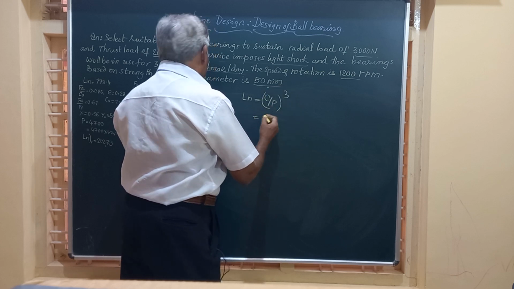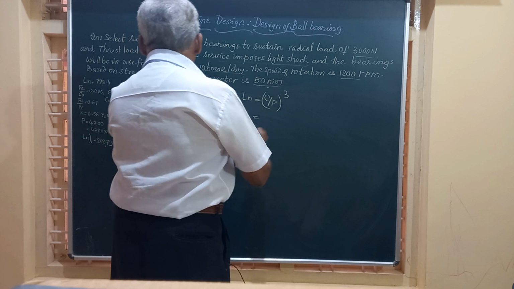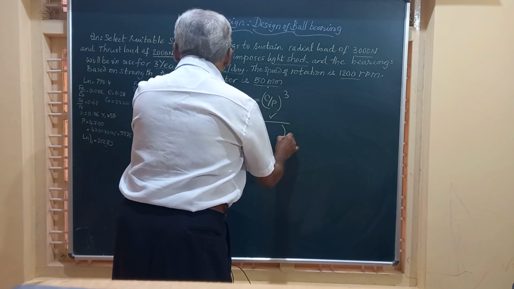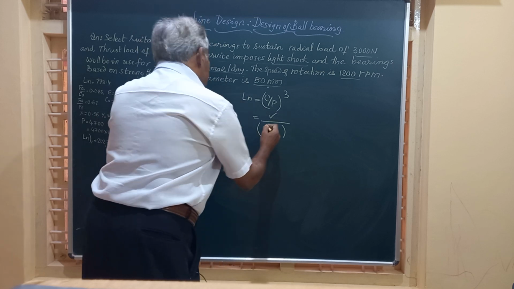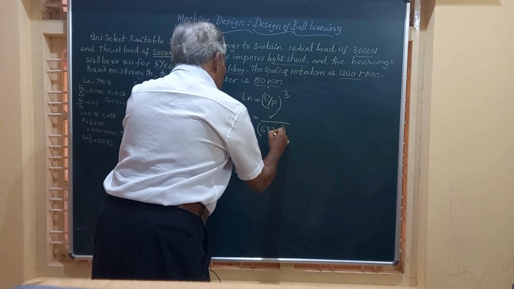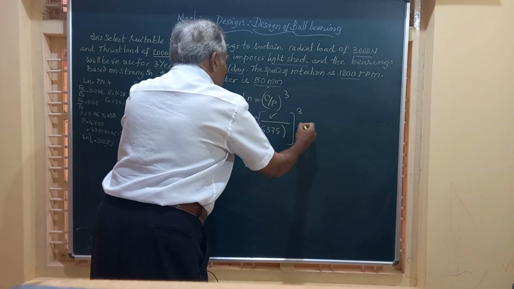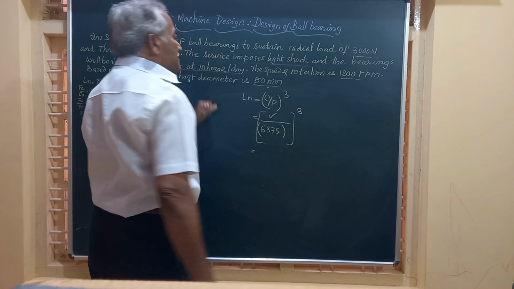We know the value of C from the table, and the value of P we have got is 6375. The whole thing raised to the power of 1 by 3 will give you the life of the bearing.